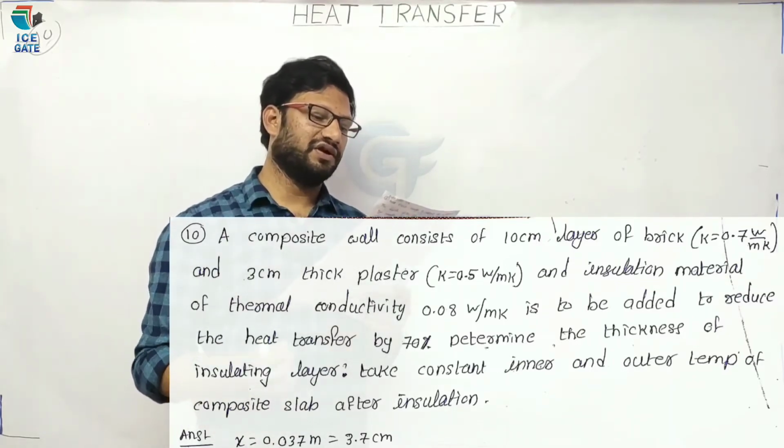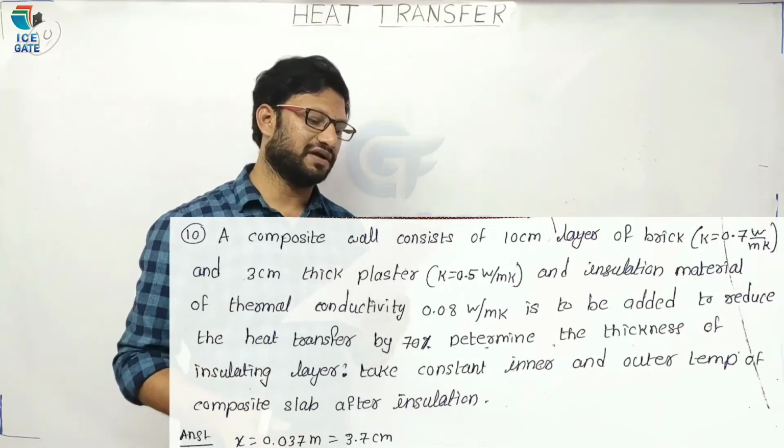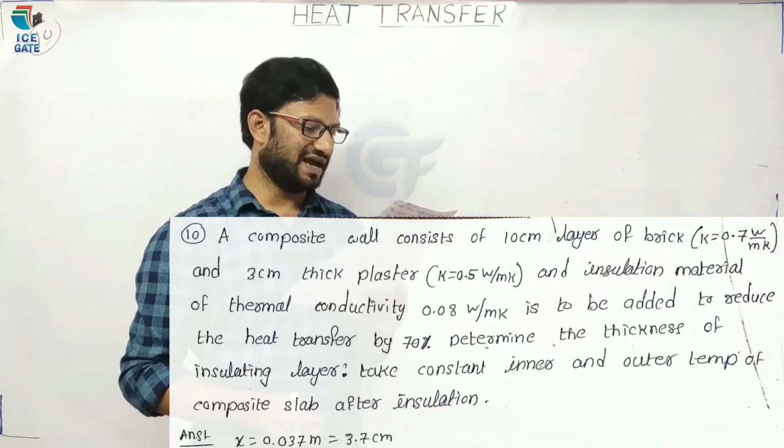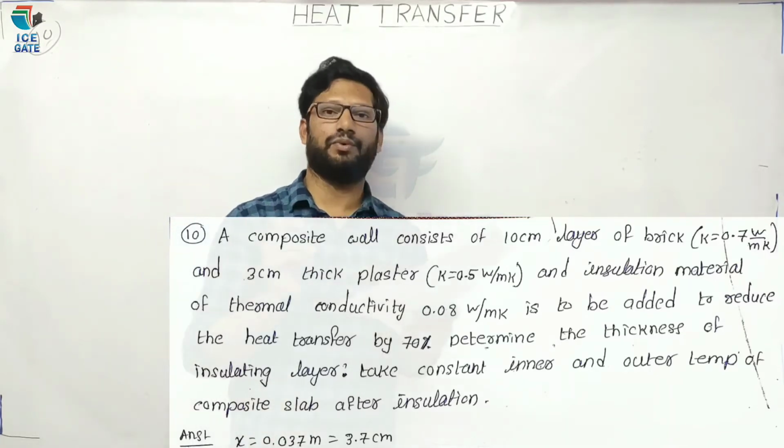Determine the thickness of the insulating layer. Take constant inner and outer temperature of the composite slab after insulation. That is, delta T is the same in both cases.